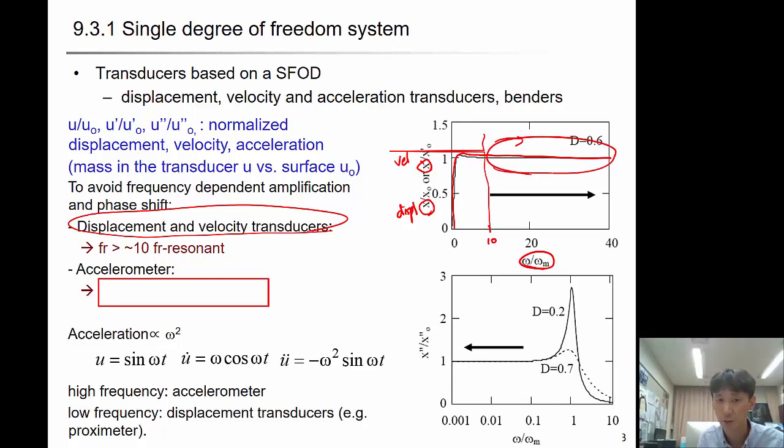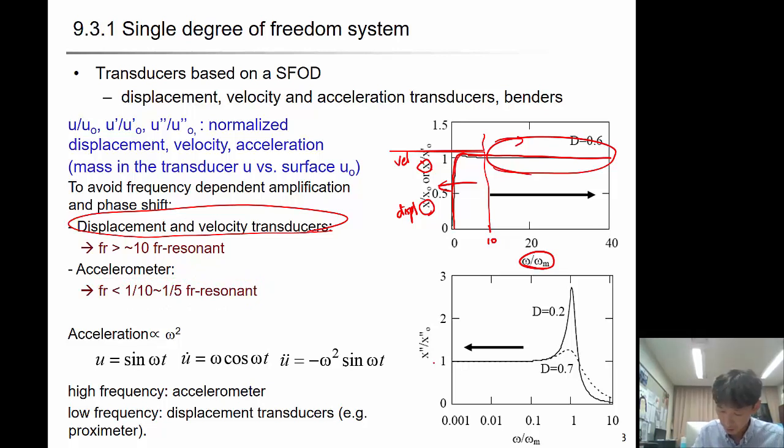So you don't have to worry about the sensor-specific response, the effect of your sensor. But if you go below that, you may have to worry that your response can be biased by your transducer's response.